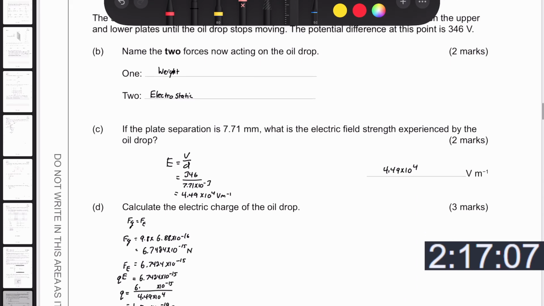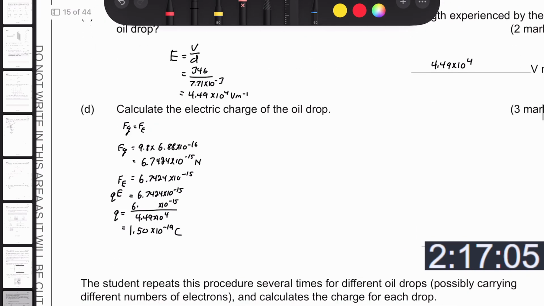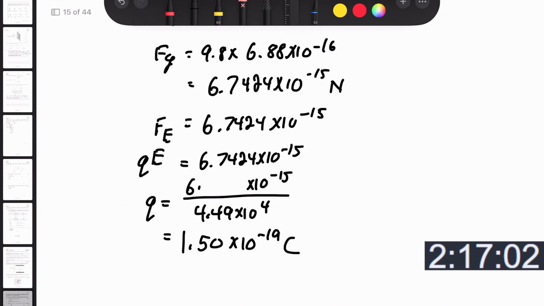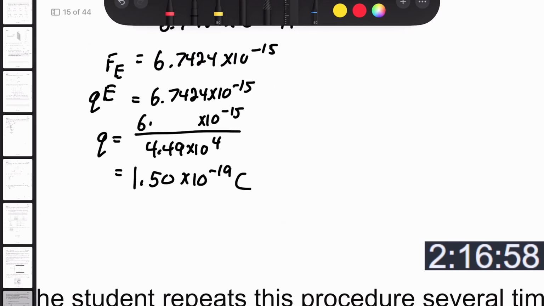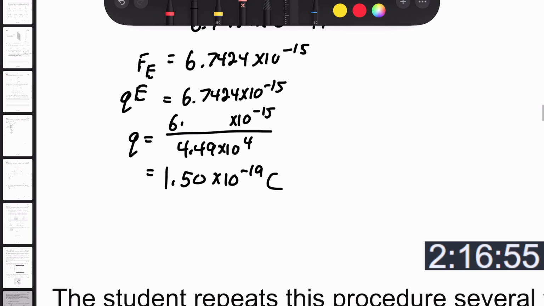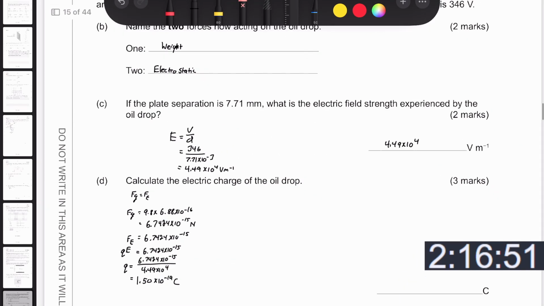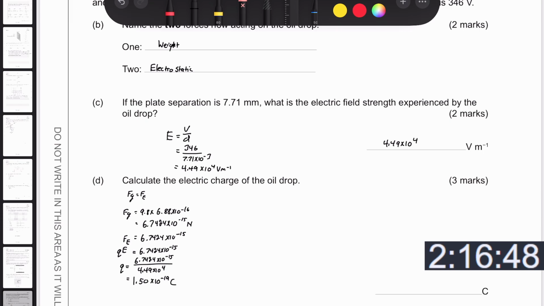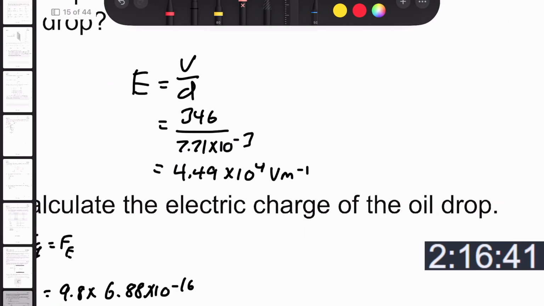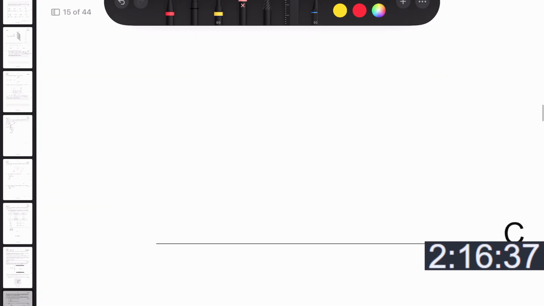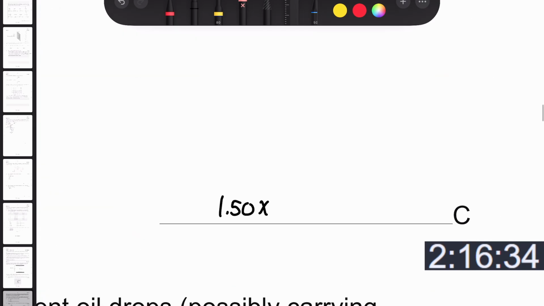Voltage, which is 346, divided by 4.49 times 10 to the power 4, which is still about 7.50. Let me check that: 4.49.